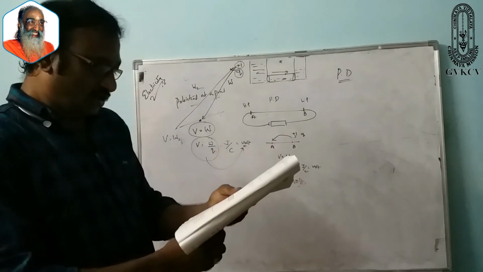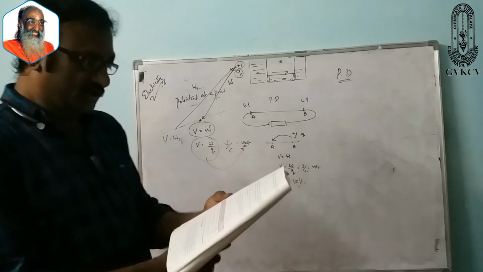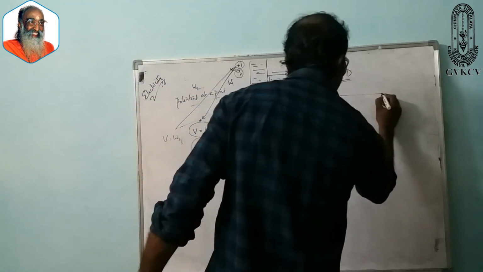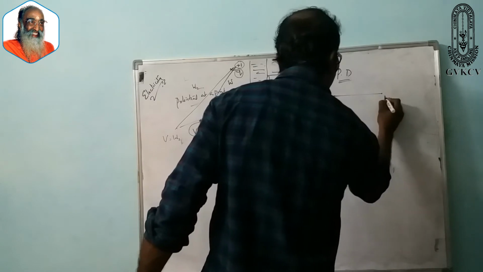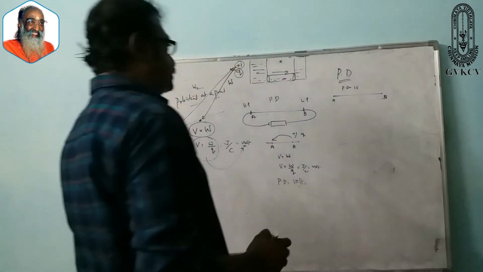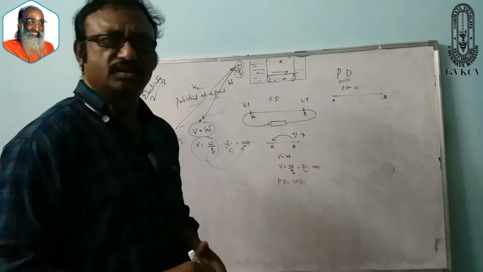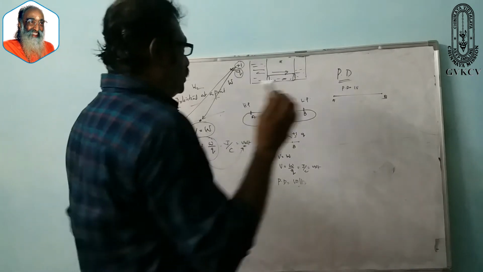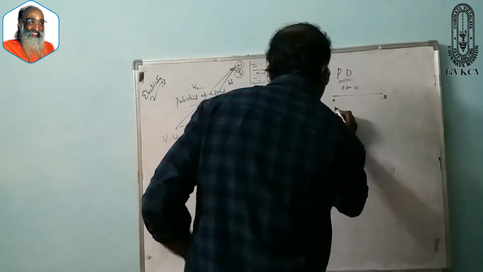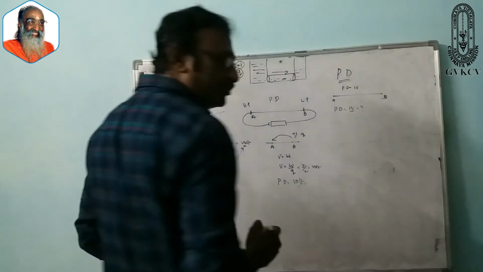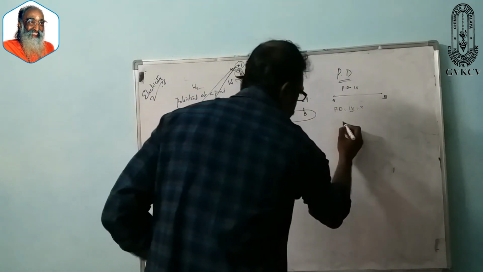And next is, what is meant by saying that potential difference between the 2 points is 1 volt? What is the meaning of this? It is nothing but a definition of 1 volt. So, when the potential difference will be equal to 1 volt, just go through the expression once.